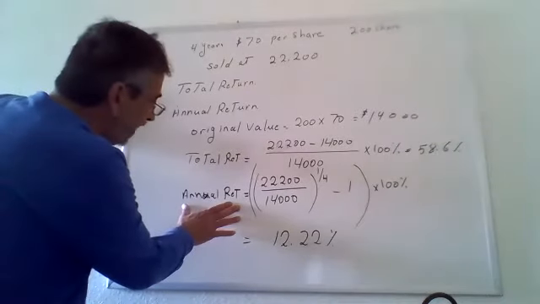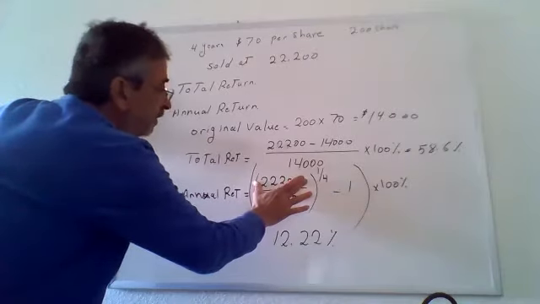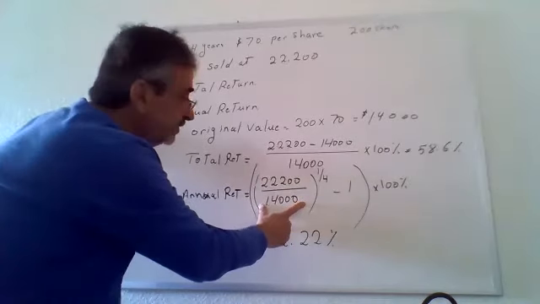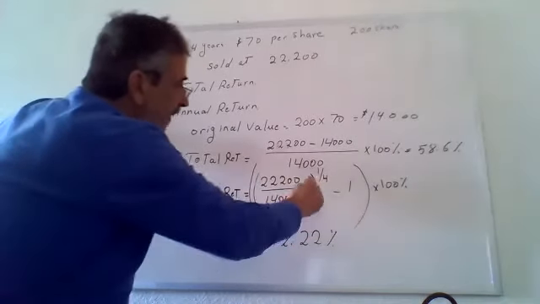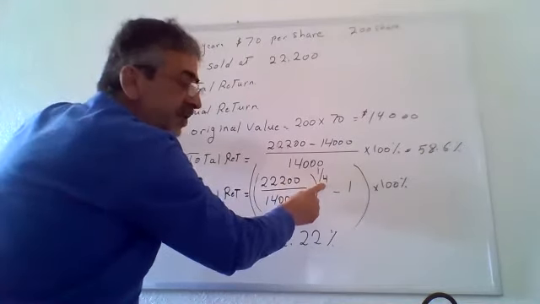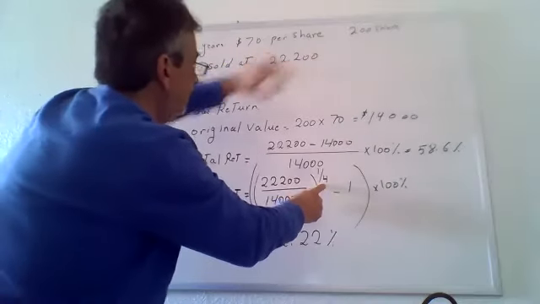Okay, to figure out the annual return, we're going to take the final price, divide that by the original price, to the power of 1 over the number of years in which the stock was held, the shares were held.